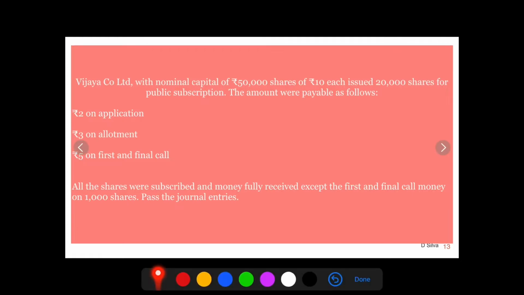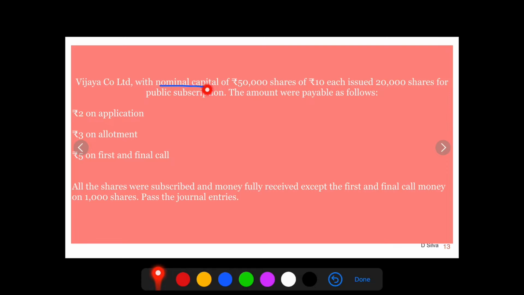So students, from this question we understand that Vijaya Company Limited with nominal capital. Under the heading categories of share capital, we have come across the words nominal capital, issued capital, subscribed capital, paid up capital, and so on. So what exactly is nominal capital?